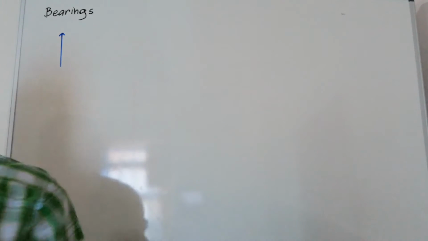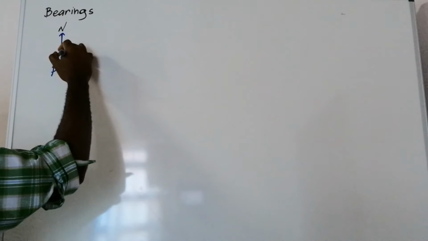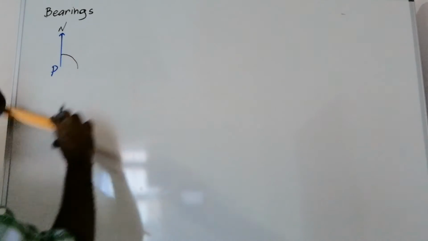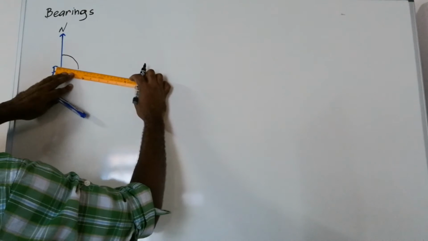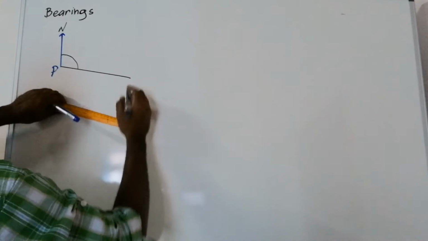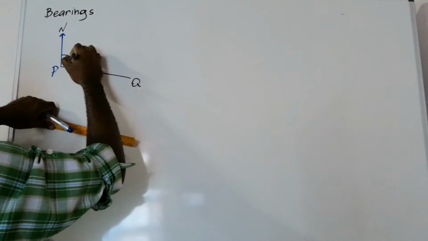And the question says Q is on 100 degrees from P. So it means that here is the position we're starting from. So that is P there. This is north. And Q is on a bearing of 100 degrees from P. So over here, we will have our Q. And that bearing is 100 degrees.